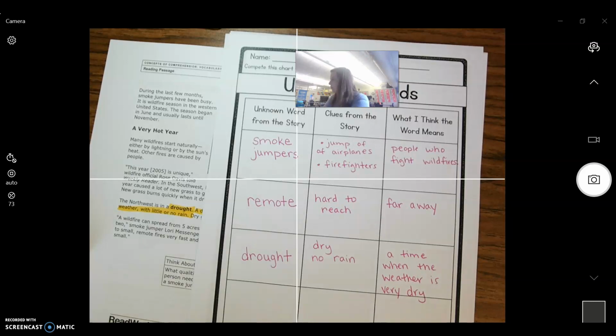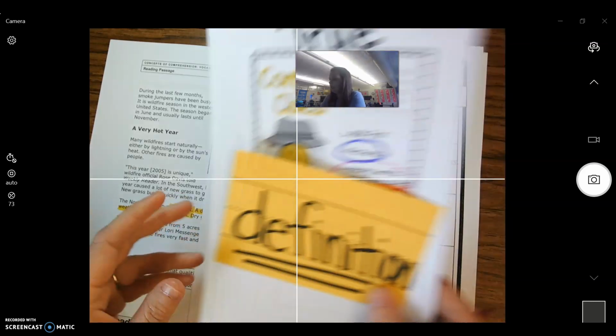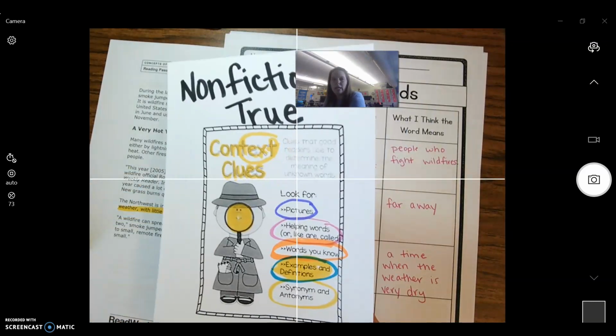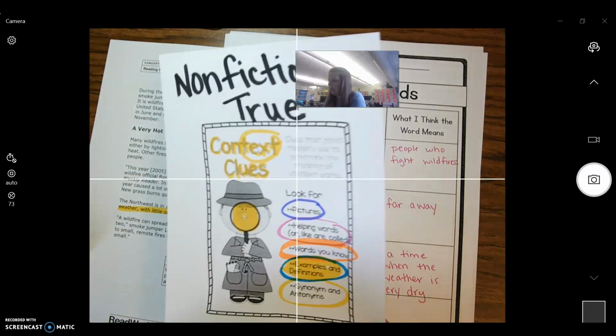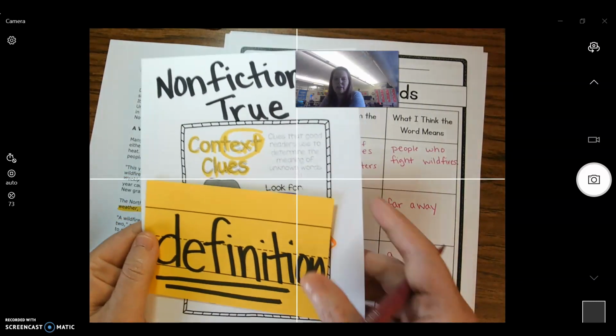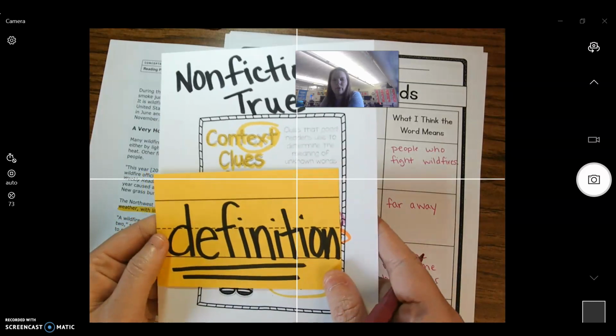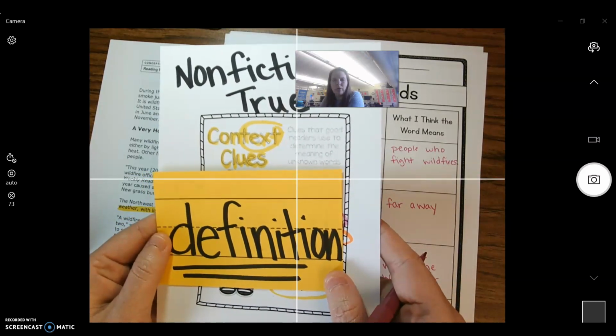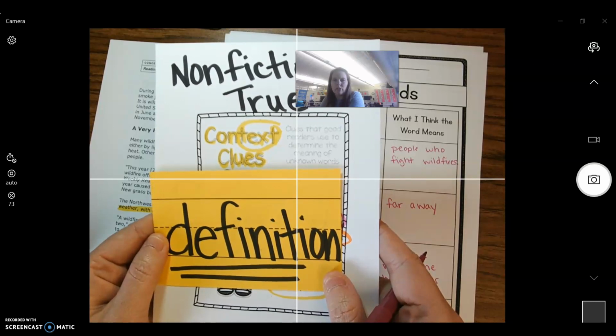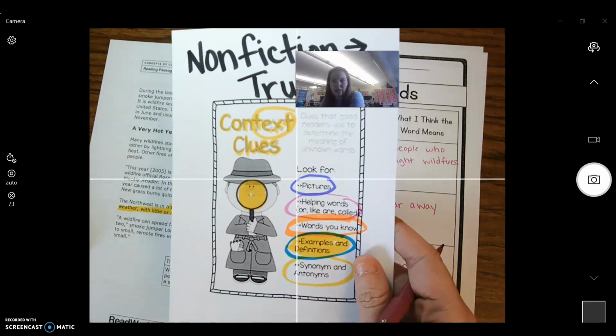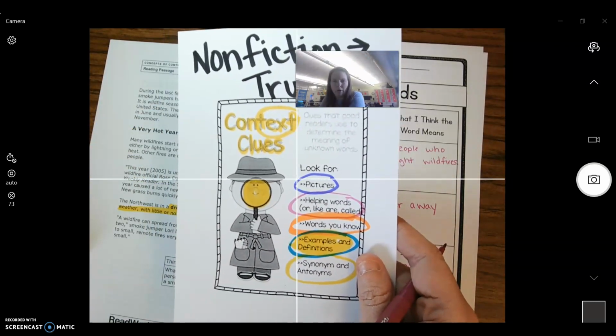So what we did, scholars, was we looked for clues in a nonfiction story, and we really focused on a definition. So sometimes when we read, the author will give us an actual definition, meaning the clue is right there in our story to help us figure out the word.